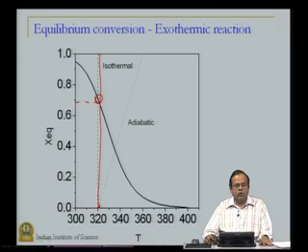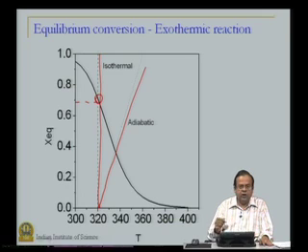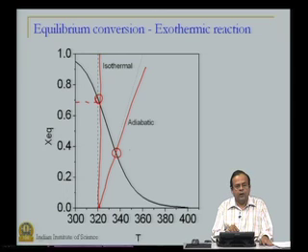Now, we can show that pictorially on this equilibrium conversion versus temperature diagram by following a trajectory of adiabatic reaction, and this is what conversion we can expect. Because temperatures are increasing, the equilibrium conversion compared to an isothermal process will be lower in an adiabatic process.